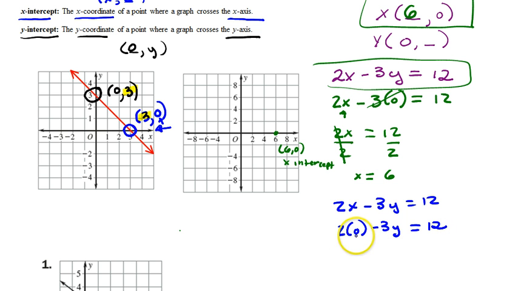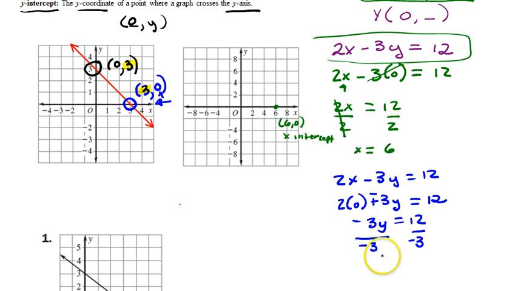Well, 2 times 0 is 0, so now I end up with negative 3y equals negative 12. I need to divide both sides by negative 3. And I end up with y equals, now if you do this division, you've got one negative and one positive, so it's going to be negative 4.